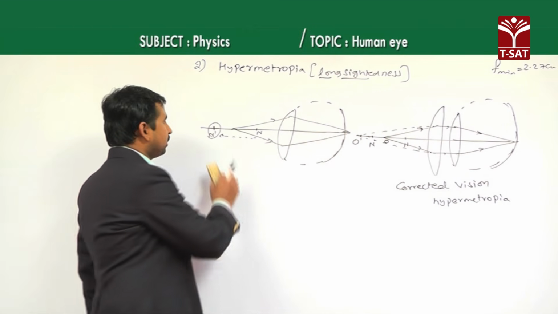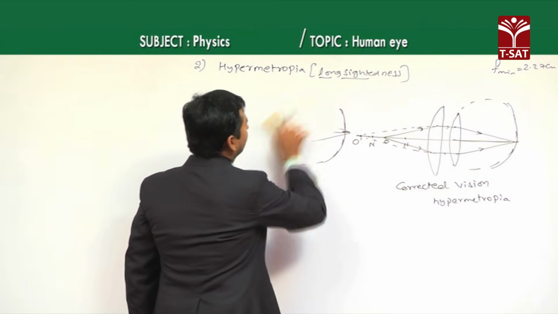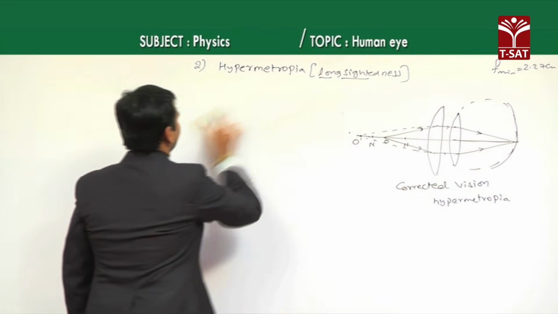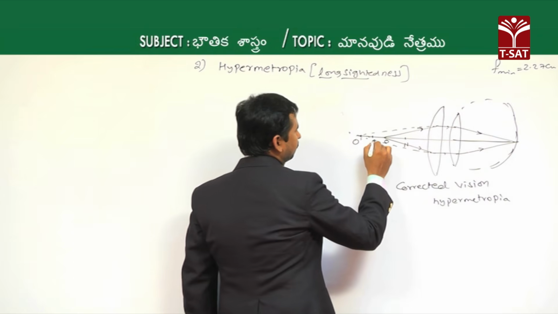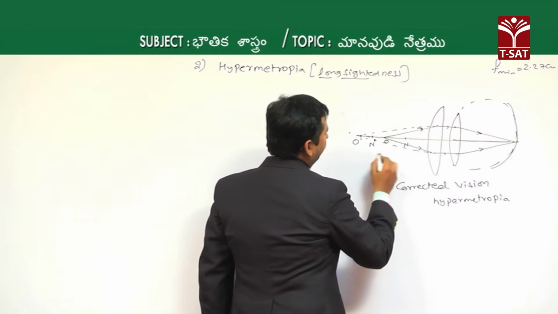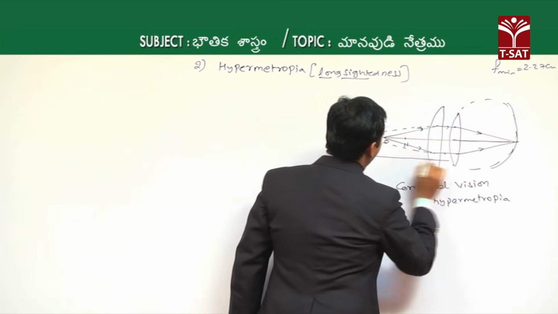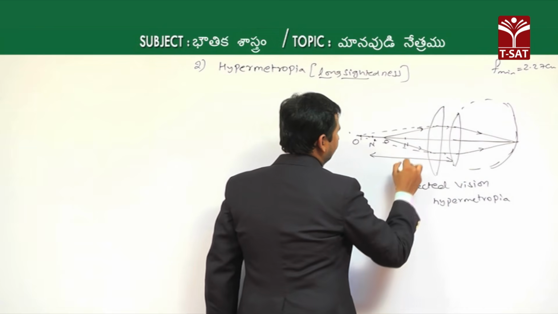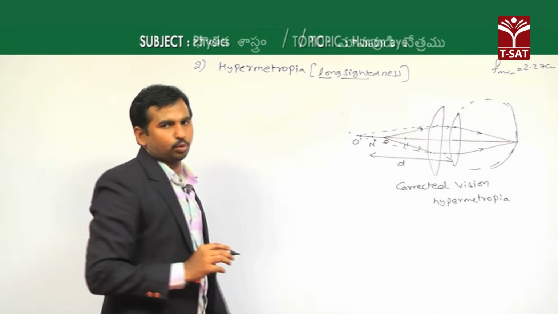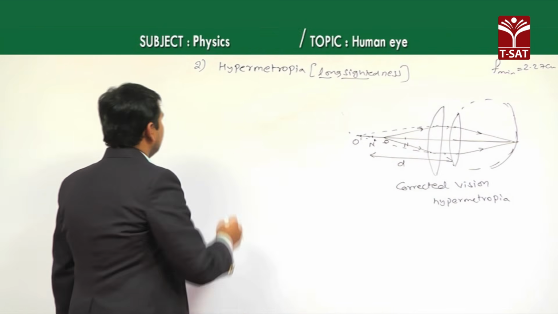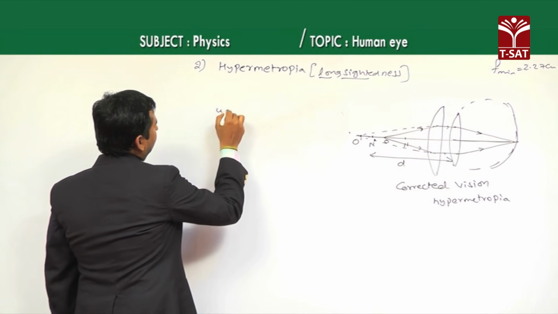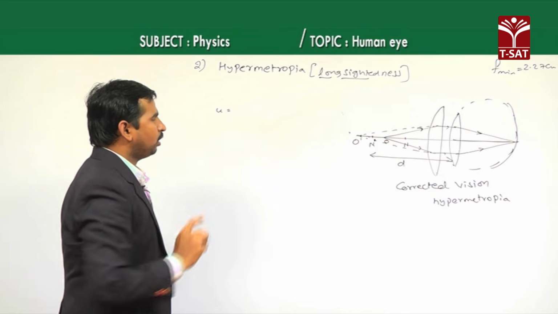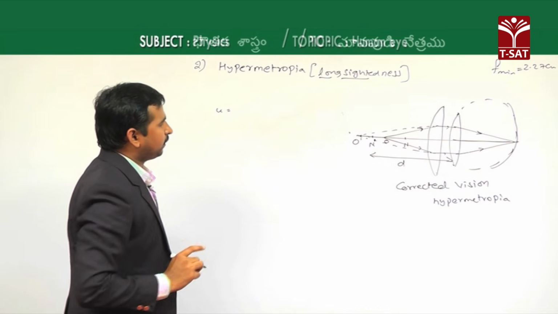So, the suggested focal length for hypermetropia. Let us suppose this n dash, which is the near point, is at d. D is the near point distance. Then we already have the object here. Where do we want to place the image? Exactly at that d.